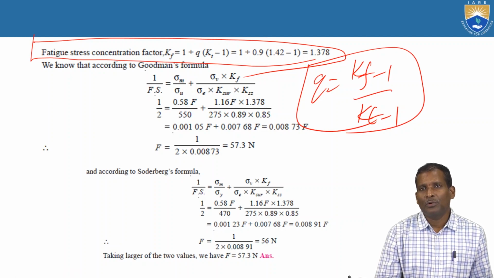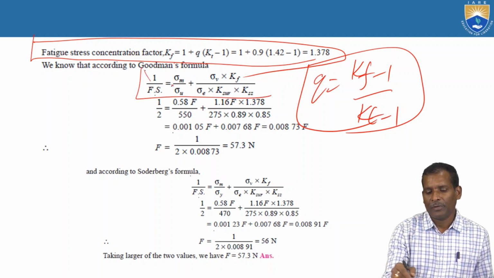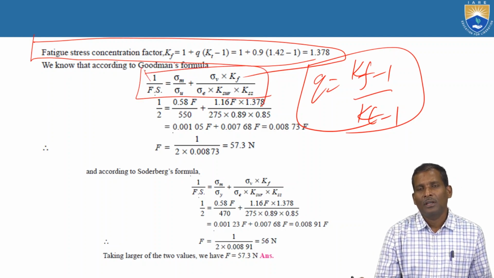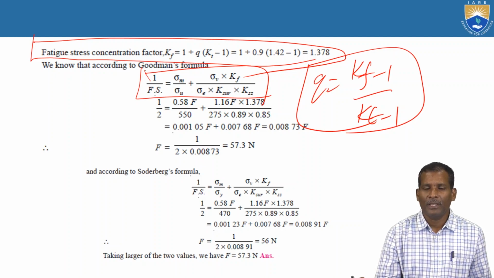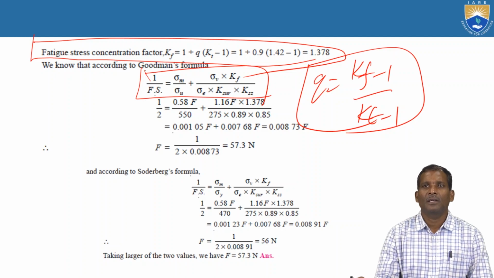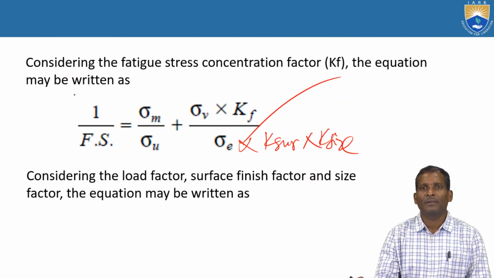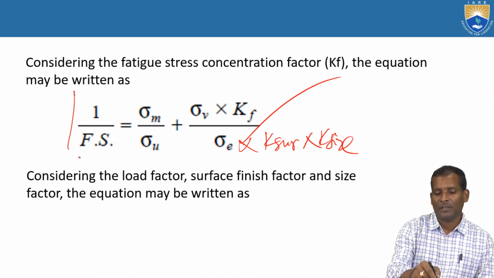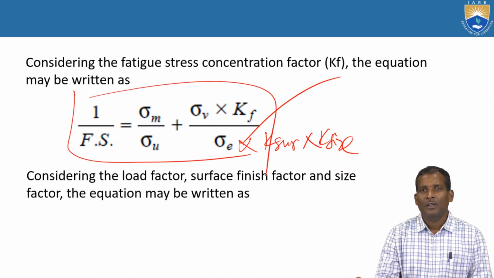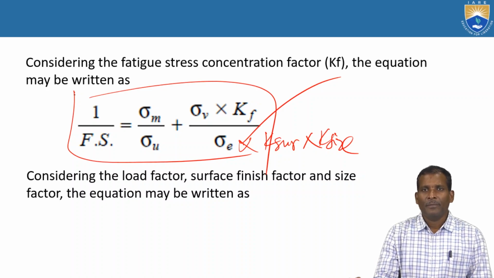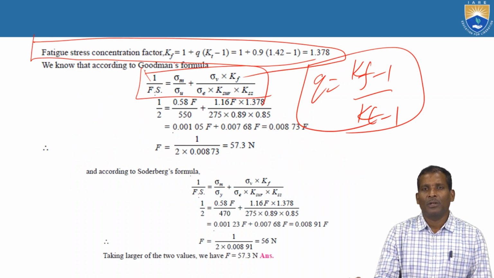So now apply the Goodman theory. 1 by factor of safety is equal to mean stress upon sigma u plus sigma v, variable stress, upon endurance limit stress, and other factors. According to Goodman theory, this is the equation. Now substitute all values.